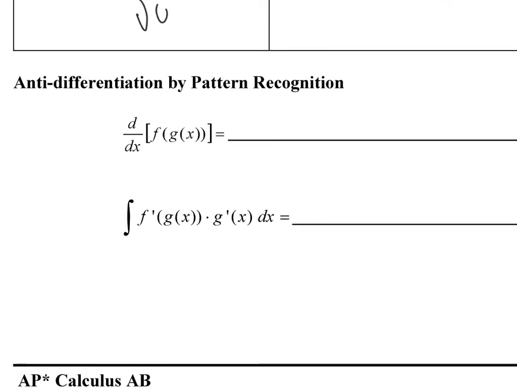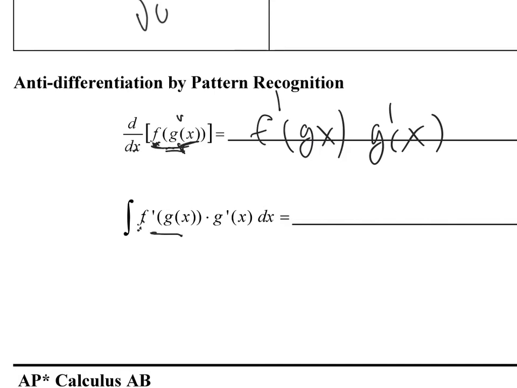So pattern recognition. In terms of composite functions, when you do the derivative of f, and this is my u, we remember that the answer was f prime, keep the insides, times the derivative of the insides. Now you should have seen that when I do my f prime of g of x, I needed to have the g prime of x, which is the same thing as me saying u du.